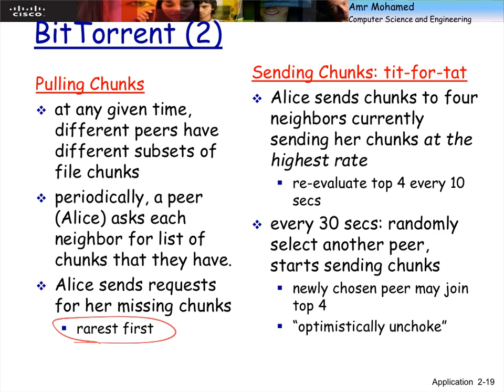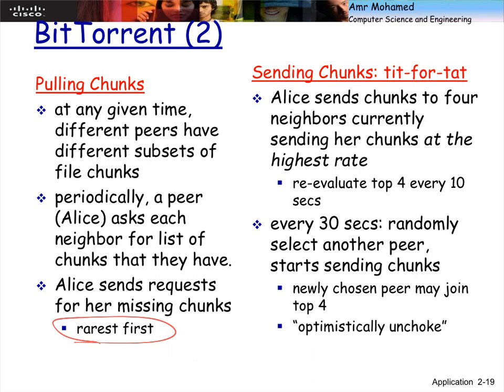So this way, it's based on reciprocation. Reevaluate the top 4 highest rate amongst all the peers in the last period of time. Those peers, you accommodate their requests in terms of fetching chunks. If they ask you for a chunk, you need to give it to them right away. Others, you don't have to. So select the highest 4 and give them whatever they ask for.